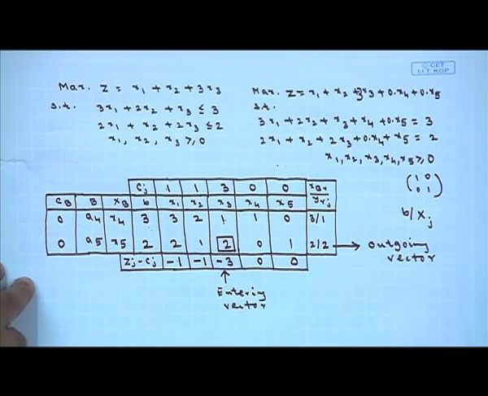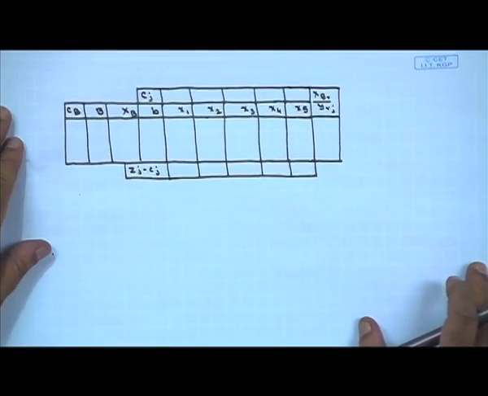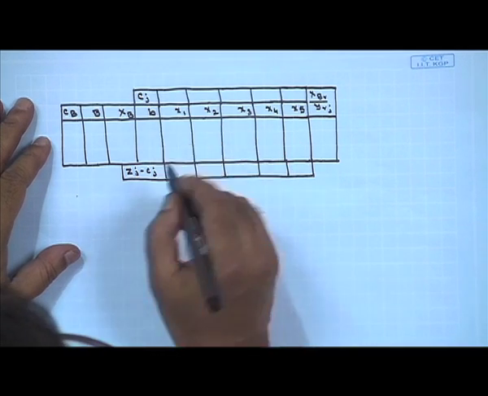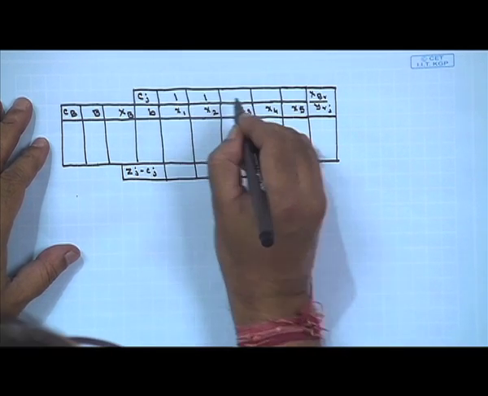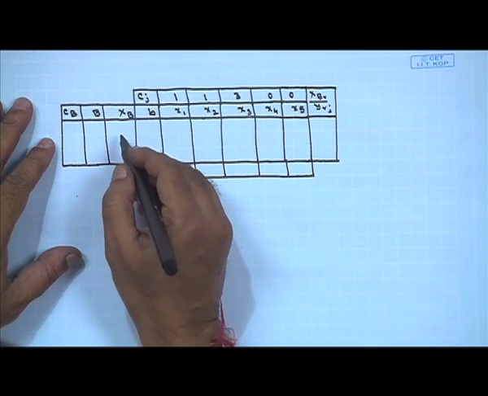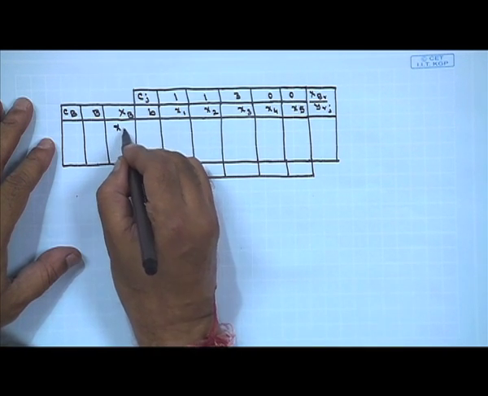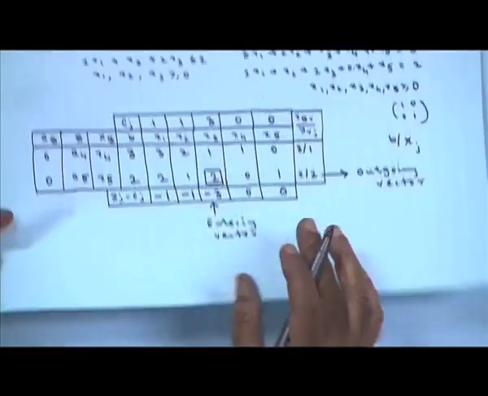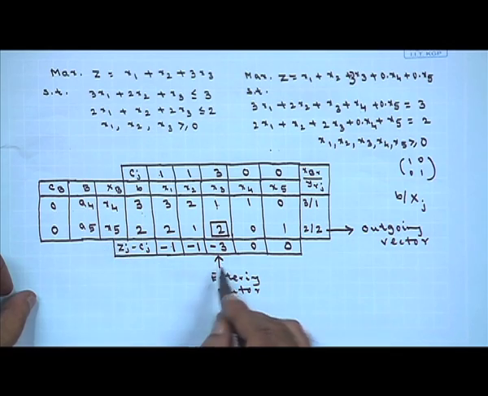So, in the next table, firstly the Cj values will remain the same, that is 1 1 3 0 0. Your variables will be x 4, and since x 5 is going out, x 5 will be replaced by the x 3 variable.